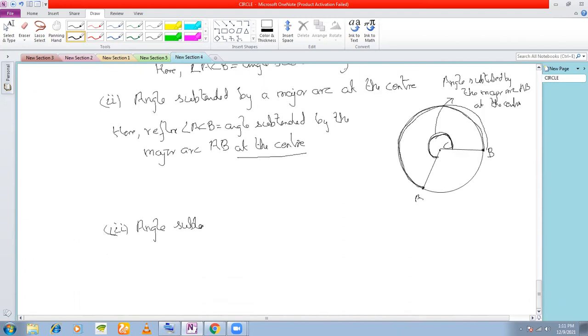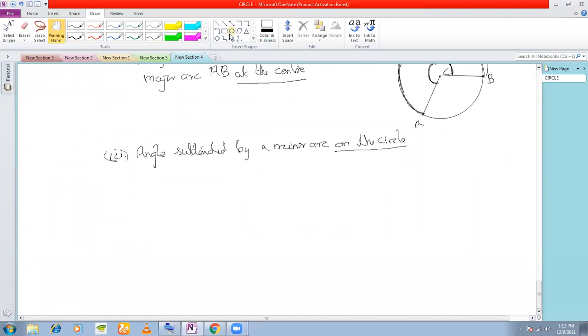Angle subtended by a minor arc on the circle. This time not at the center, but on the circle. So I underline on the circle. You have a circle with center C, and you have an arc here, AB, minor arc.